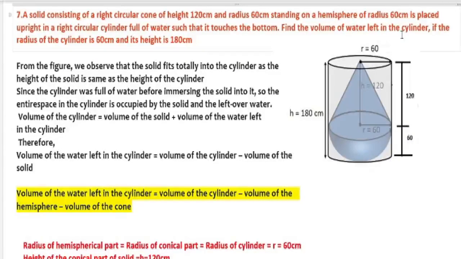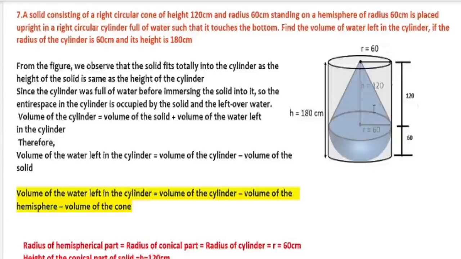Find the volume of water left in the cylinder if the radius of the cylinder is 60 centimeter and its height is 180 centimeter. So in the figure you can see a cylinder is given. The total height of the cylinder is 180 centimeter and the radius equal to 60 centimeter.